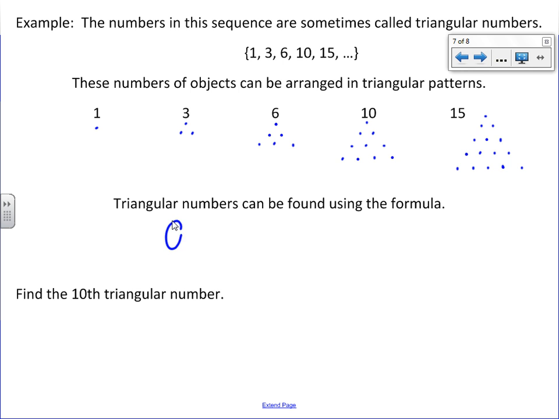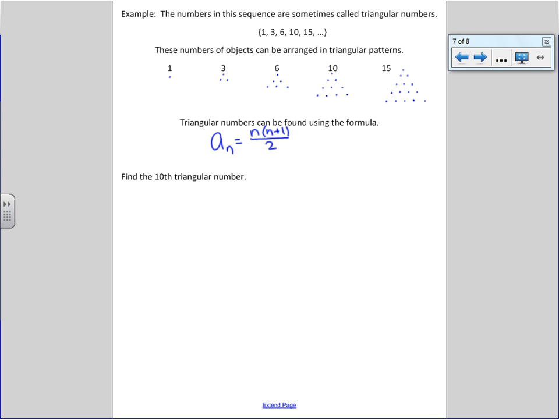So it is a sub n equals n times the quantity of n plus 1 all over 2. And they want us to find the 10th term. So anywhere that there's an n, we're plugging in 10. Okay? So a sub 10, the 10th term, equals 10 times the quantity of 10 plus 1.